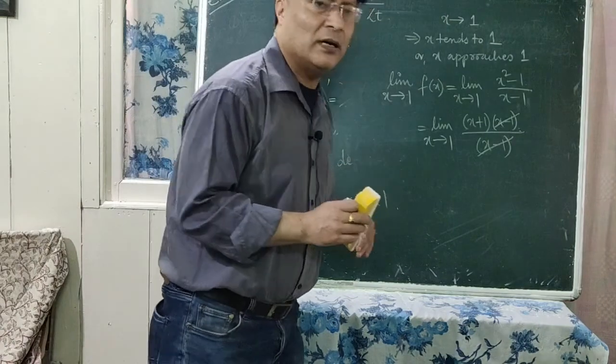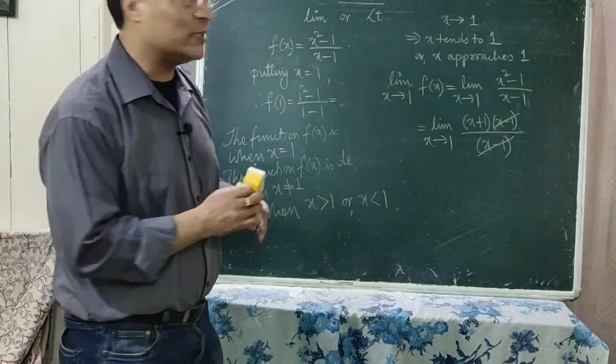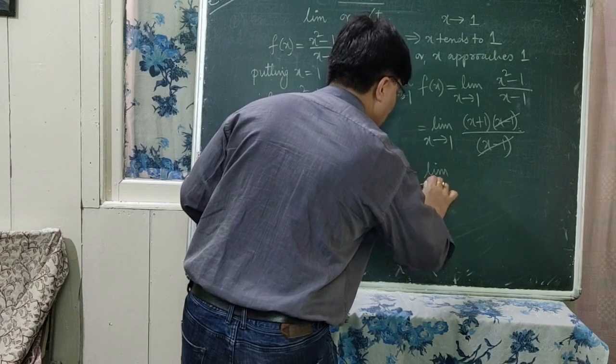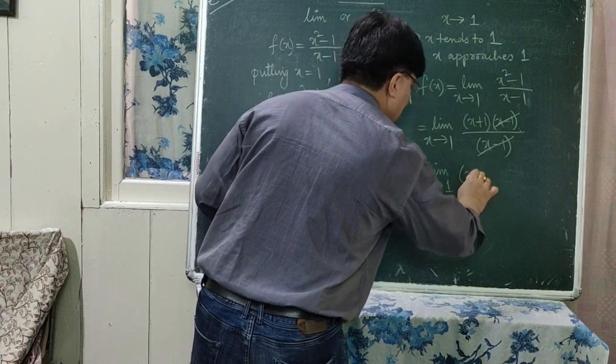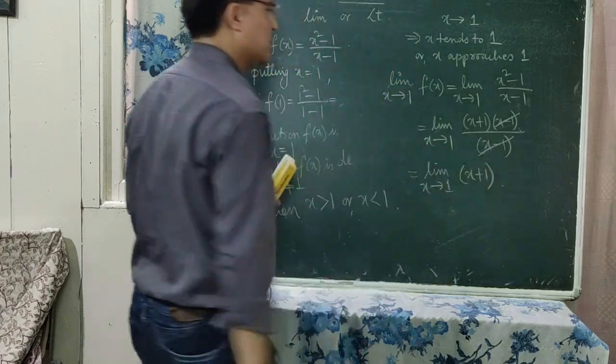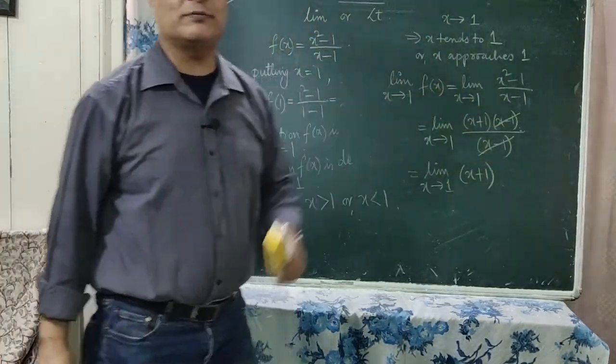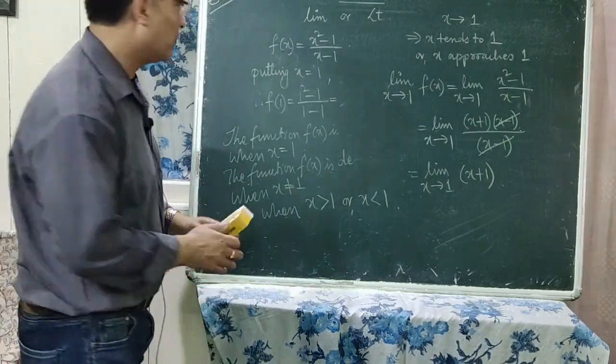So that undefined term, x minus 1, is cancelled out here. So which is equal to limit x tends to 1, and within bracket what do we get? X plus 1.